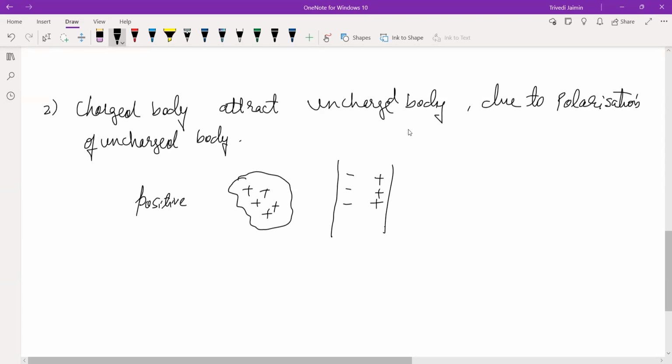Actually it was an uncharged body, but due to the presence of the positively charged balloon, or any body, whatever it is, the negative charge got attracted towards this wall. So this negative charge will get attracted towards this wall. This condition is called polarization. Due to this, there will be exchange of electric field.